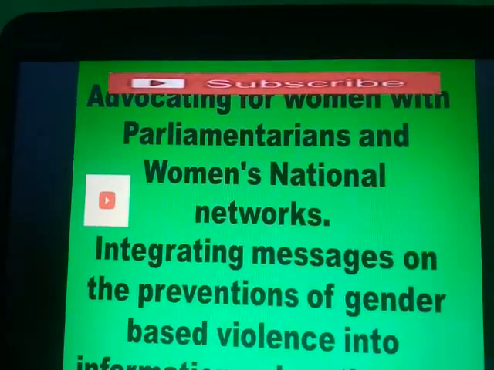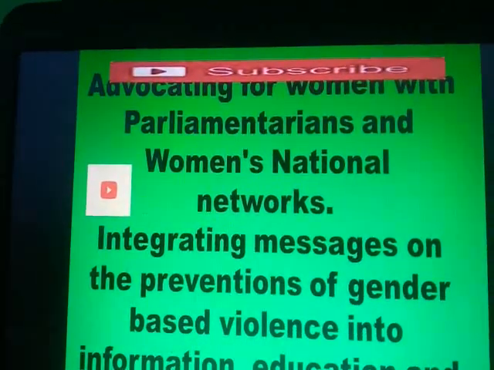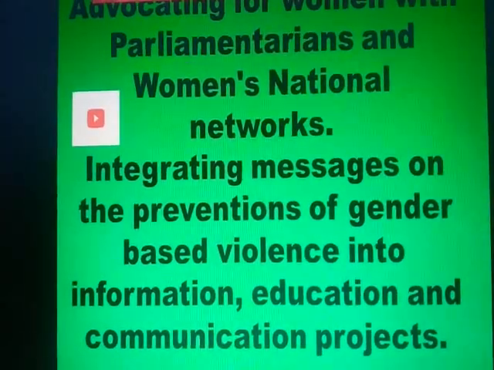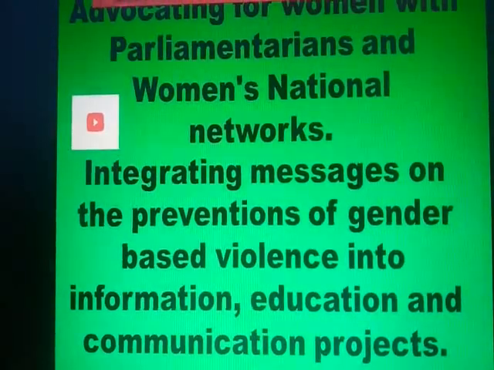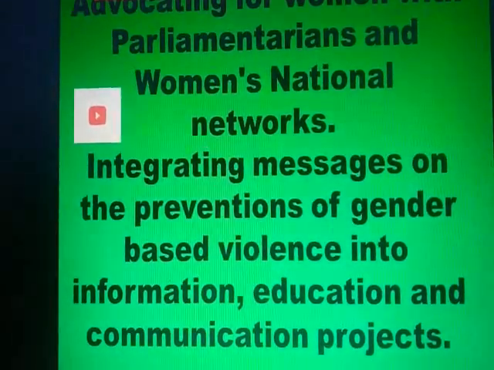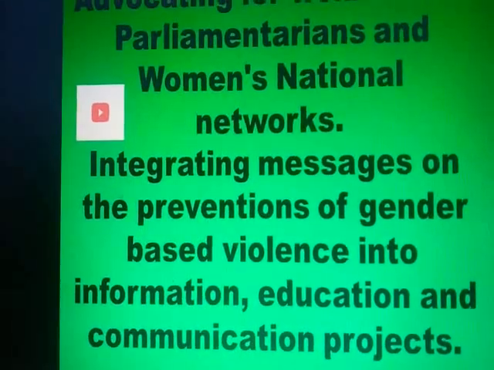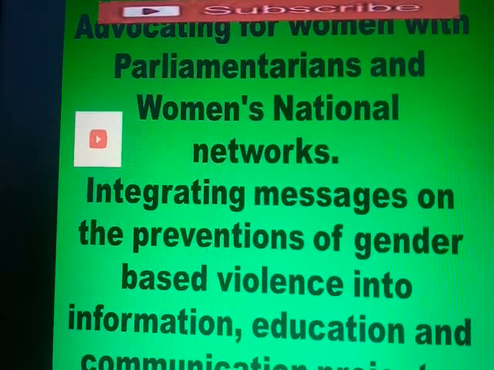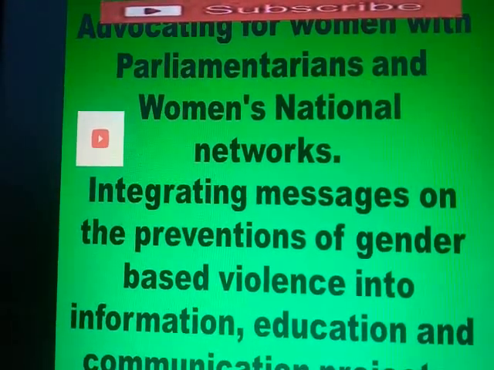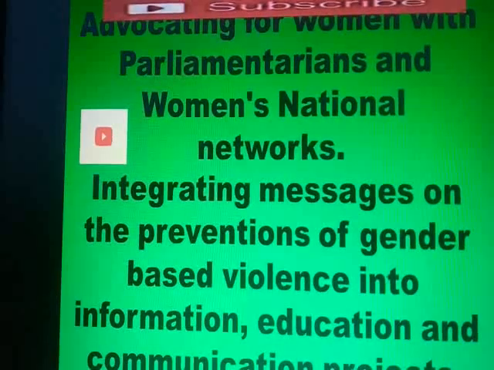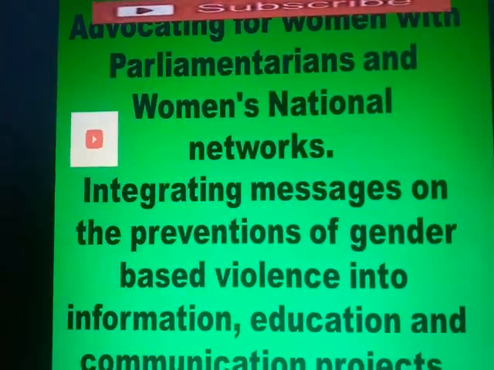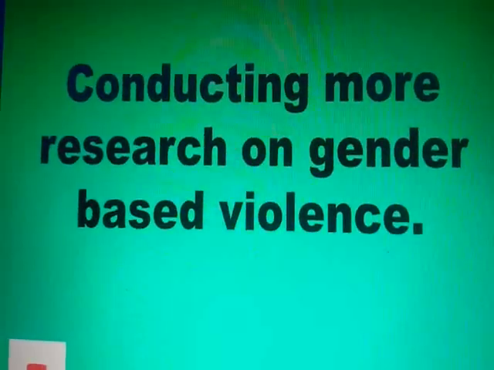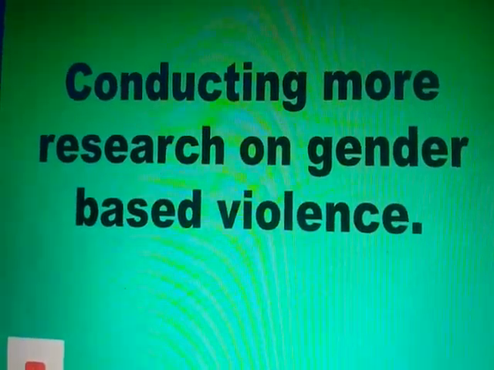Advocating for women with parliaments and women's national networks, integrating messages on the prevention of gender-based violence into information, education, and communication projects. Conducting more research on gender-based violence.